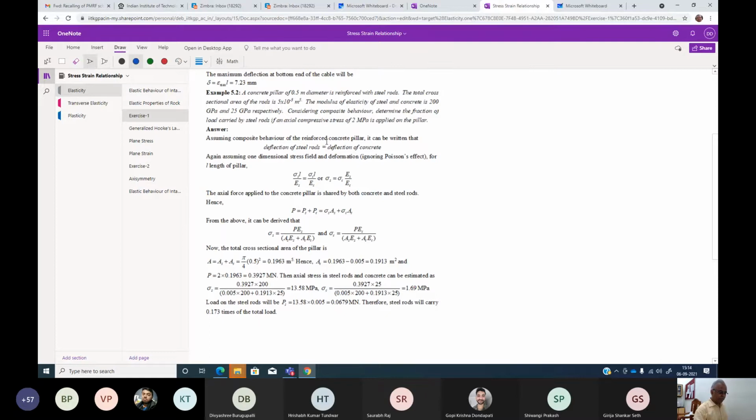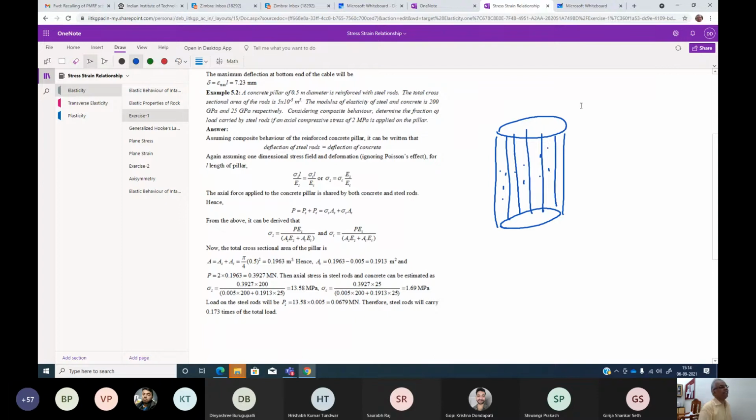So let me draw it for you. A concrete pillar of 0.5 meter diameter, it's like this, and they have some steel rods here, okay, and the rest is concrete.